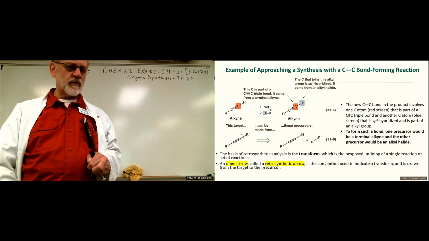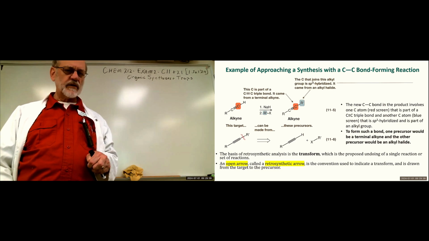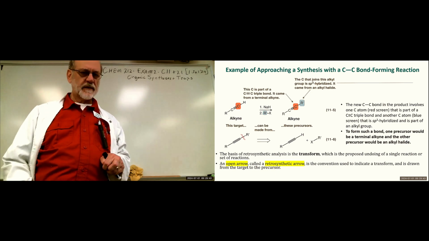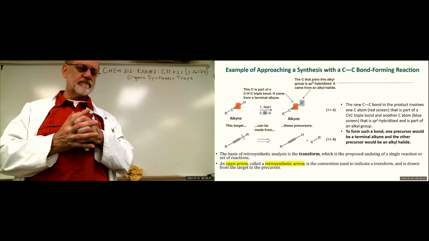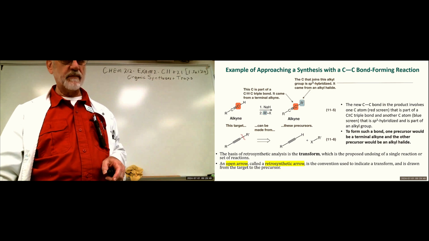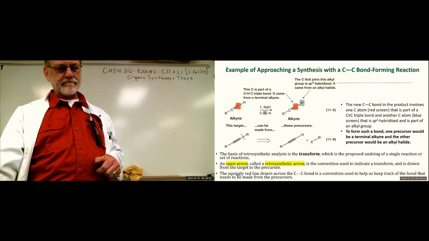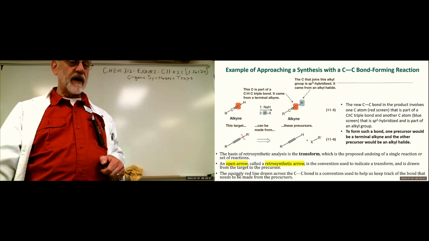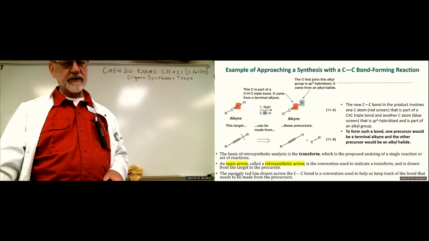And you'll notice that when we do a retrosynthetic analysis, we have that double shafted arrow. That's just to distinguish it from a normal reaction mechanism arrow. And I mentioned the squiggly line already. That's the bond that is broken in the retro and is formed in the synthesis.